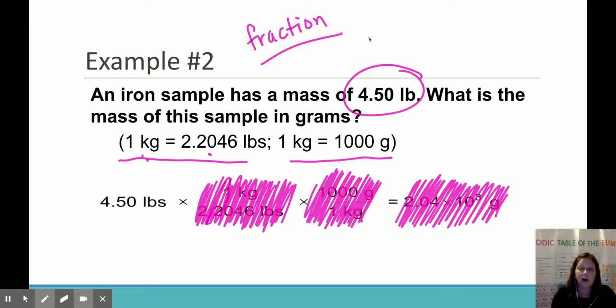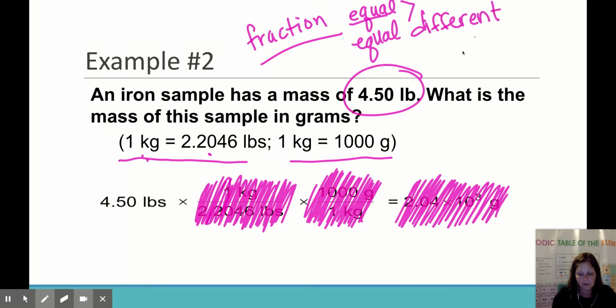We're going to call this fraction a conversion factor, where the numerator and the denominator are equal to each other, but in different units. So really, we're multiplying by a fraction that equals 1.